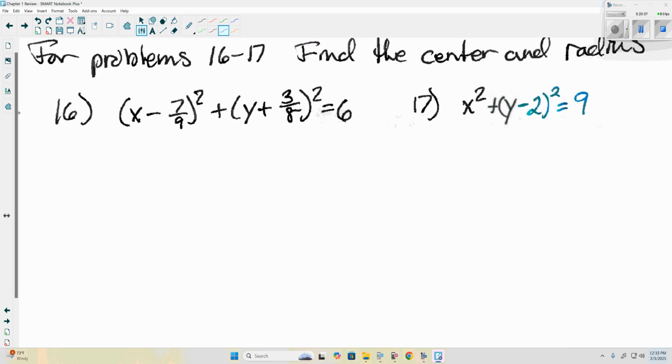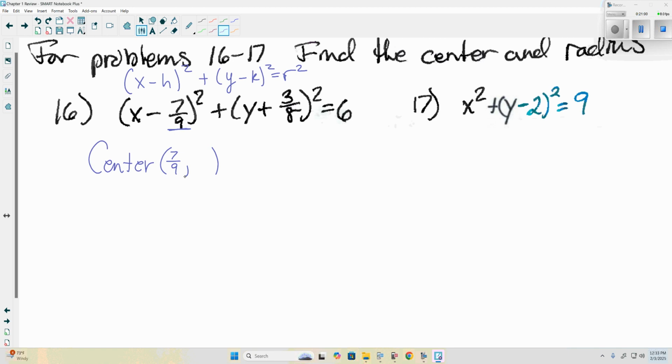Find the center and radius. Now the center is the point h comma k. So our h value would be 7/9, because it's x minus h.